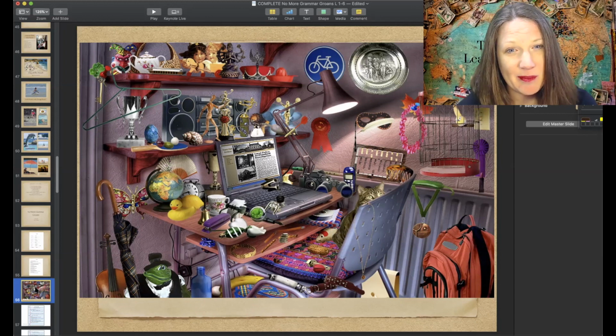Here are some example sentences you may have written. The king wore a crown. King is the subject, wore is the verb, crown is the direct object. I spy a crown on the top shelf.